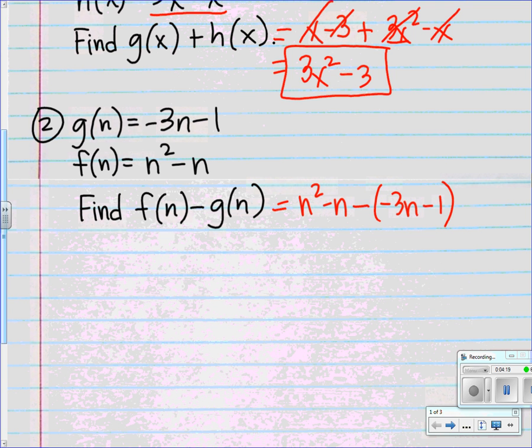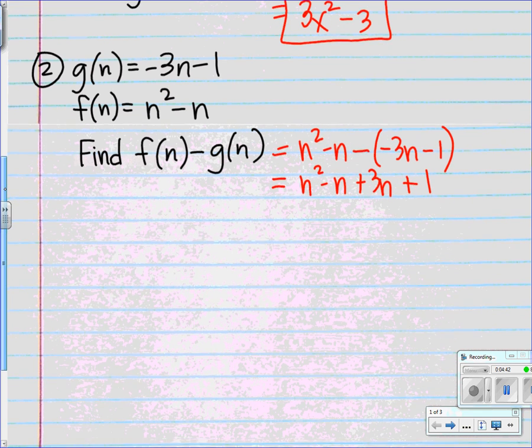And then we are going to combine like terms, or we should just distribute the negative. Should we do that first? Let's do that first. So we have n squared minus n plus 3n plus 1, because we're subtracting a negative here and we're subtracting a negative here. So that will really be plus 3n and plus 1, right? Okay.